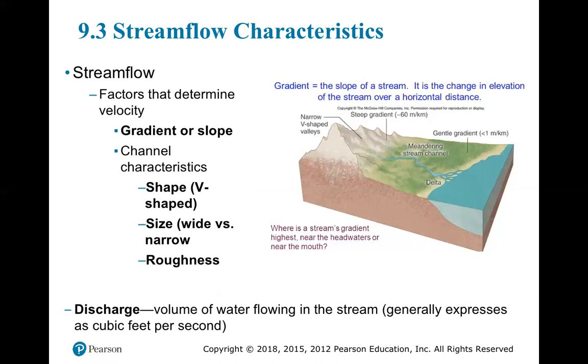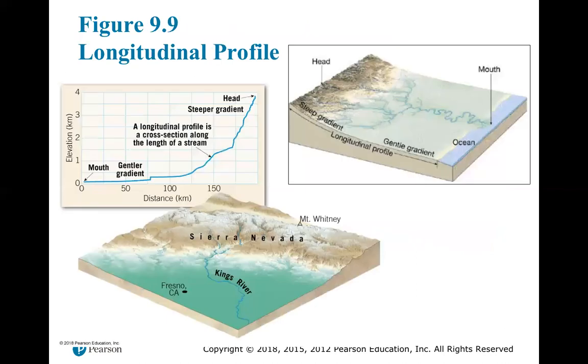So the roughness of that terrain that the water is trying to flow through will also influence the speed of the water. And then discharge, how much water is flowing through it. We won't get into too much detail, but basically more water equals faster stream flow. So there's a pretty close relationship between the two.